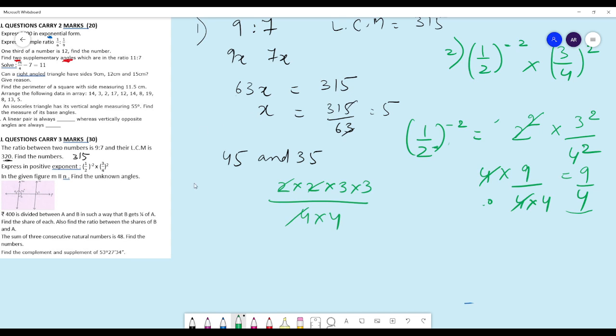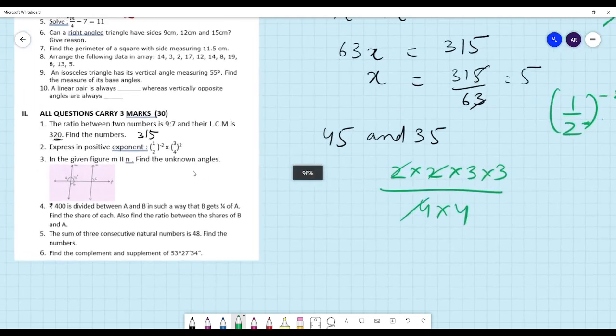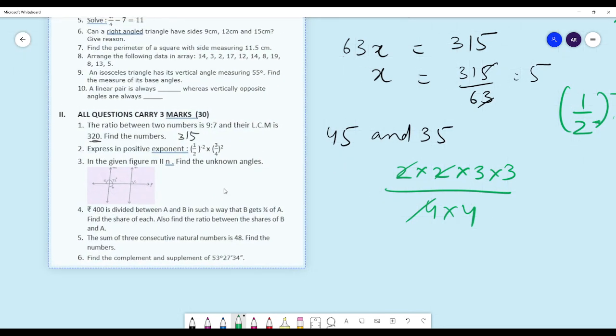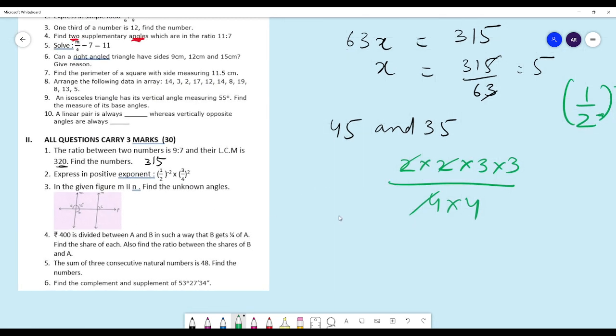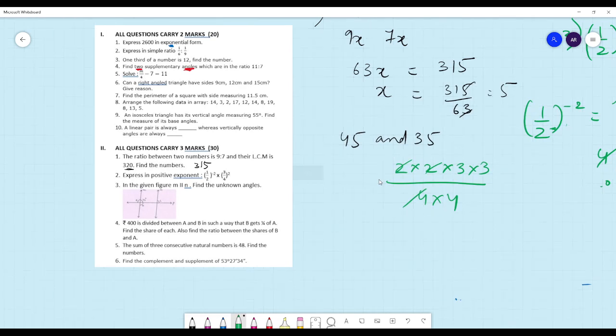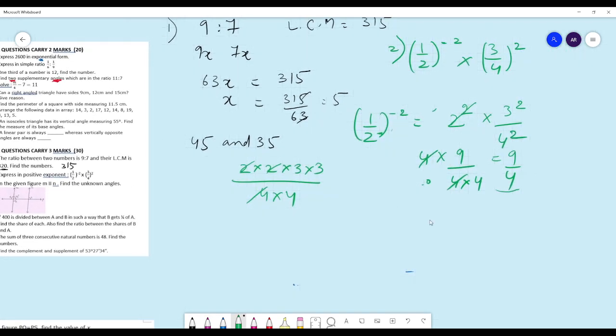Now let us move on to the third question. Let me zoom it a bit so that you can see where these angles are identified. Let me just draw a simple figure for you so that you can understand the angles. You can see the angles clearly over here.